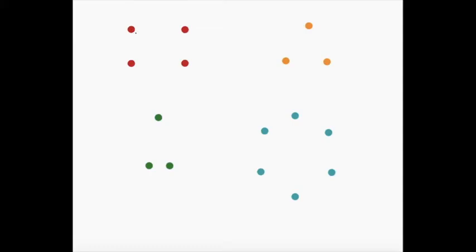So I see 1, 2, 3, 4 dots, which means we're going to have 1, 2, 3, 4 lines. Did you make a guess? Well, let's play connect the dots and see if your guess was accurate.